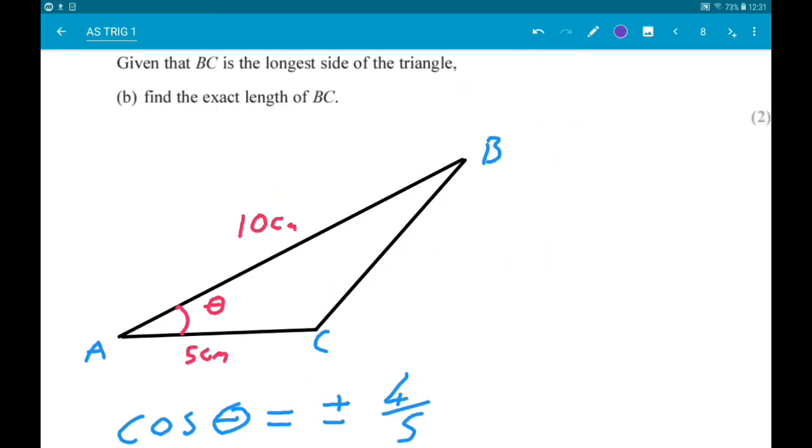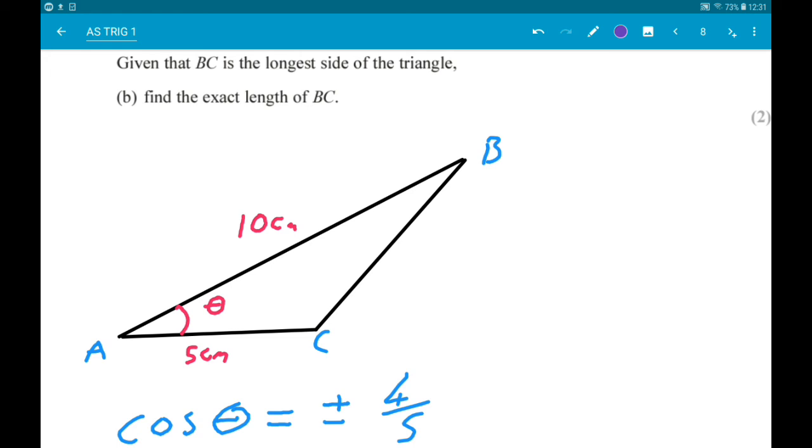Okay, then for part B, given that BC is the longest side of the triangle, find the exact length of BC. Okay, so this is now a job for the cosine rule.